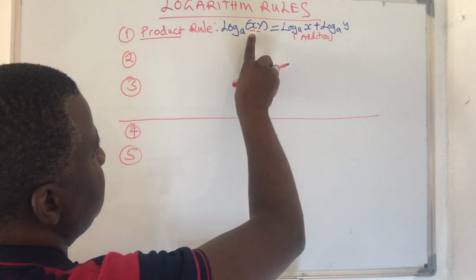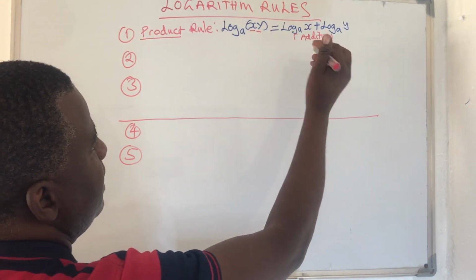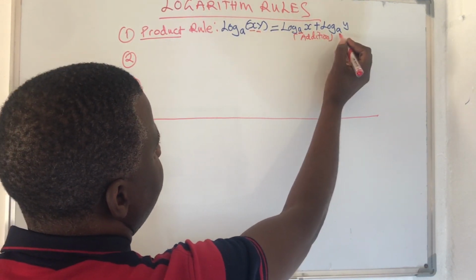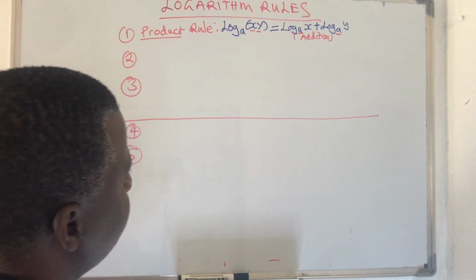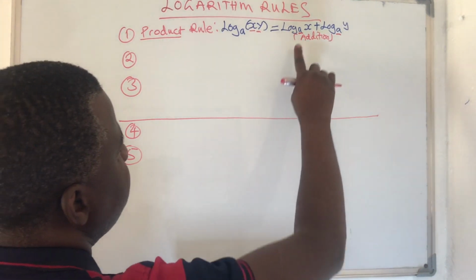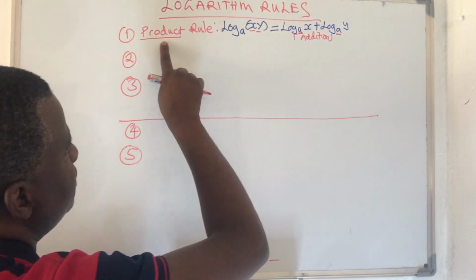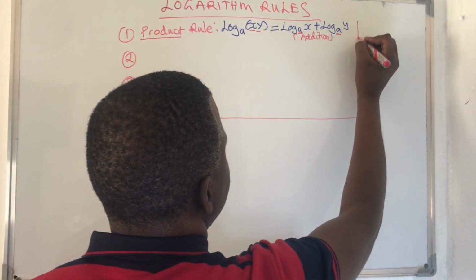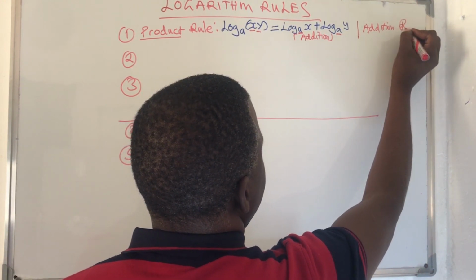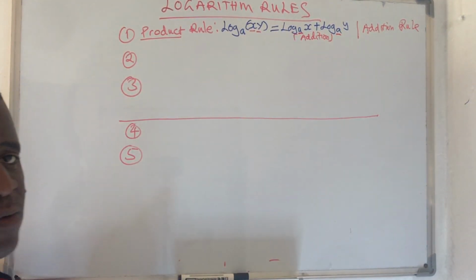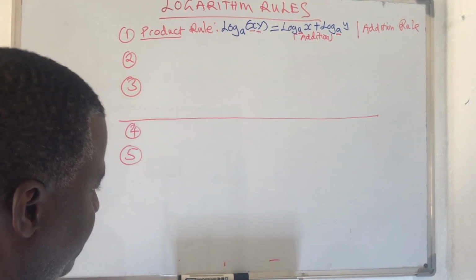Where there is a product, meaning we are multiplying x and y, as long as the base is the same, it's still log base A, isn't it? Yeah, you can actually add the separate logs. So you can say the product rule, or you can even say the addition rule if you want to. Whatever is simple for you, you can use it to remember.